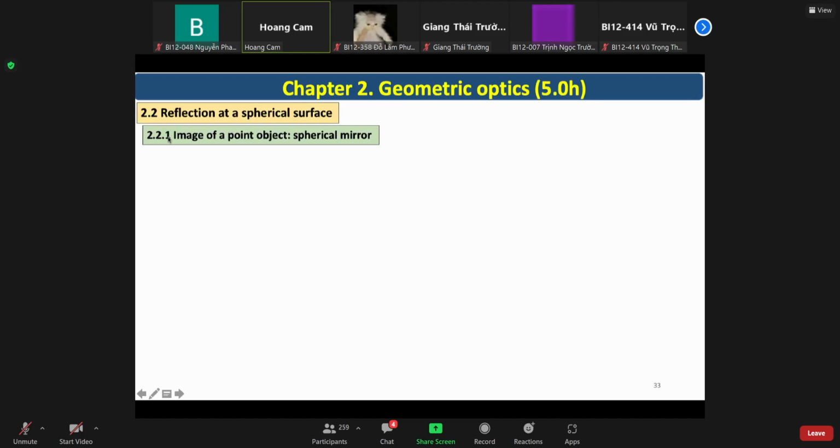First, the image by reflection, which you learned in secondary school or high school. So we have here the spherical mirror with radius of curvature R and its concave side facing the incident light. So we have here the concept of concave and convex.